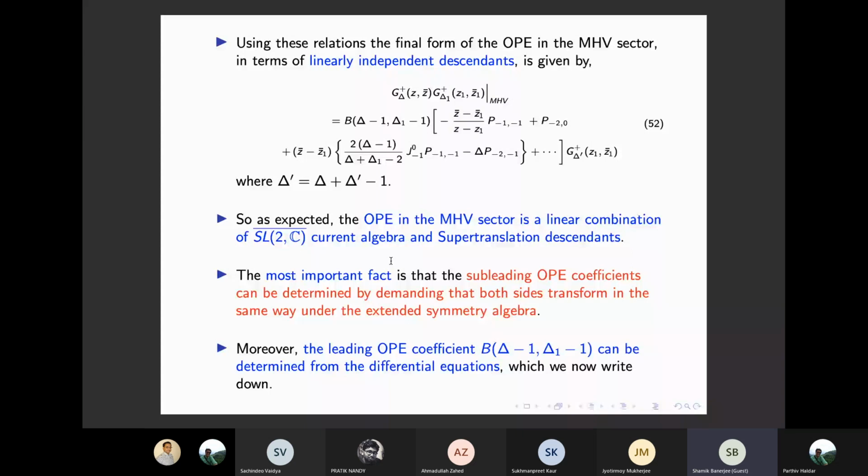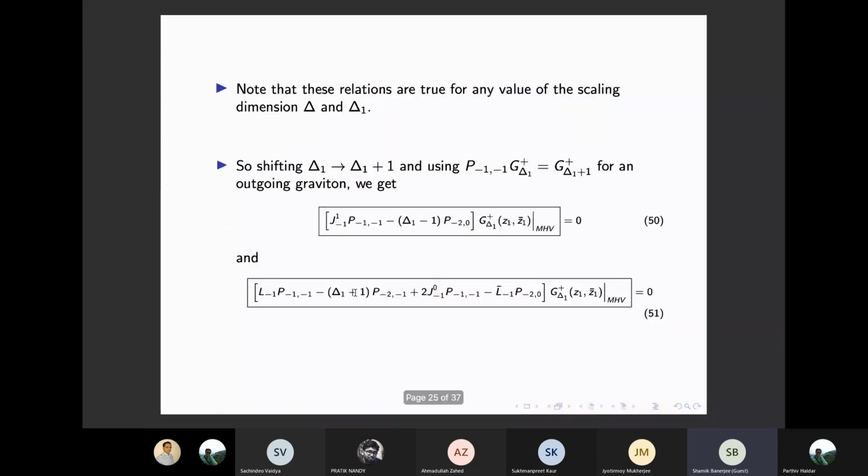Okay. So now let me show you how the differential equations are obtained. The interesting thing is that this of course was not obtained from the symmetry algebra.